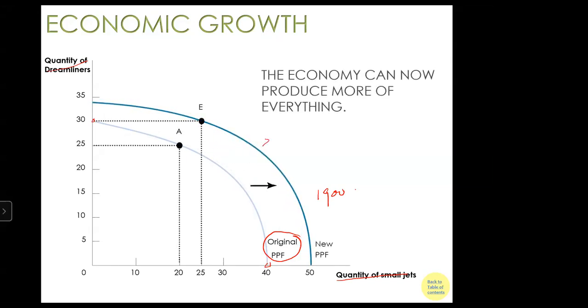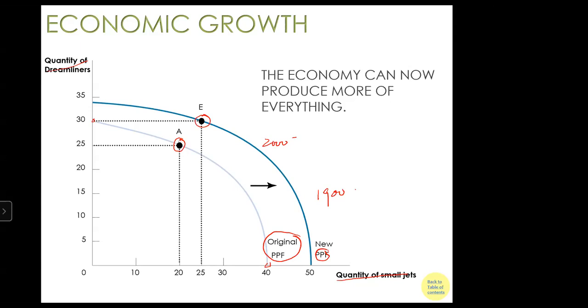Now, in 2000, we will have a different PPF, right? And then if you compare two points, A versus E, okay? And so then you can see, A versus E, what's the difference?